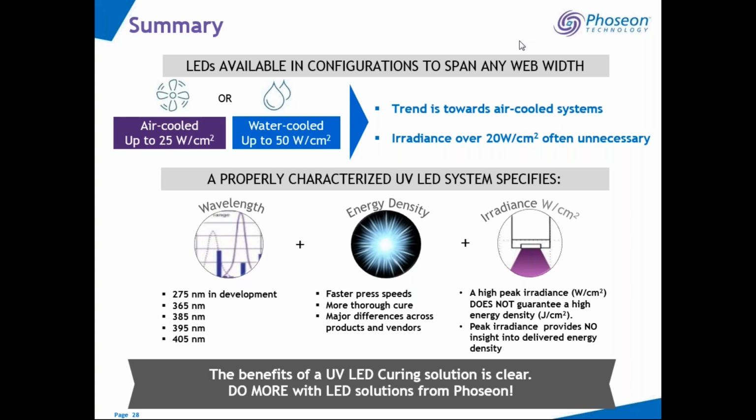And so hybrid is about moving back and forth. And I can understand that in an automobile environment, but on a curing solution, once you dial it in, you don't go back. And so hybrid solutions have a lot of overhead. Why do you need to carry the mercury overhead still when you move to 100% UV LED? And we don't see customers going back once they've, again, dialed in that formula.